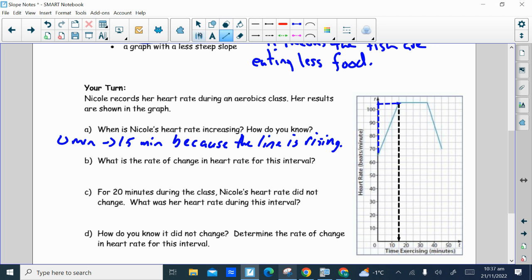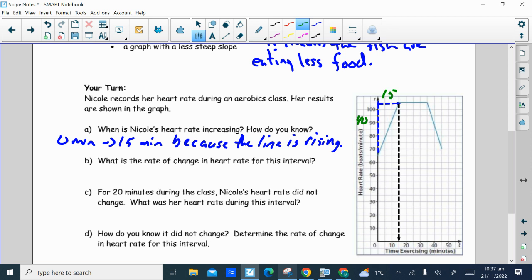If we say it starts at 65, it's going up 10 to 75, 20 to 85, 30 to 95, 40 to 105. So it's rising by 40 beats in 15 minutes.